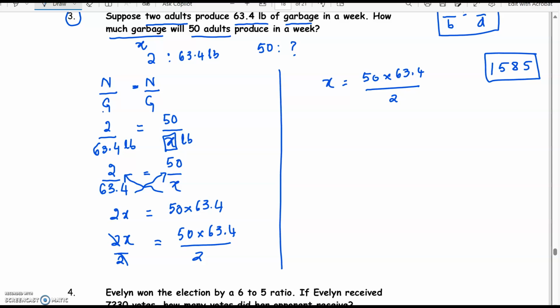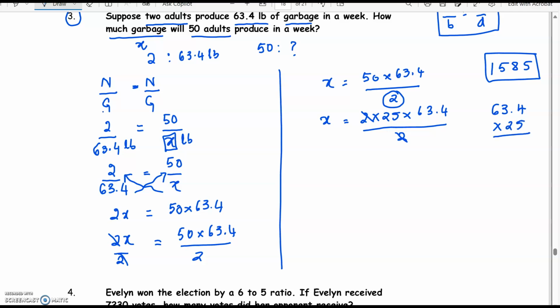Now, in this case, there's a 2 in the denominator, and if we could just get rid of that. So 2 times 25 is 50, times 63.4 divided by 2. We cancel the 2's. And if we multiply 25 and 63.4, so let's put 63.4 here and then multiply with 25.